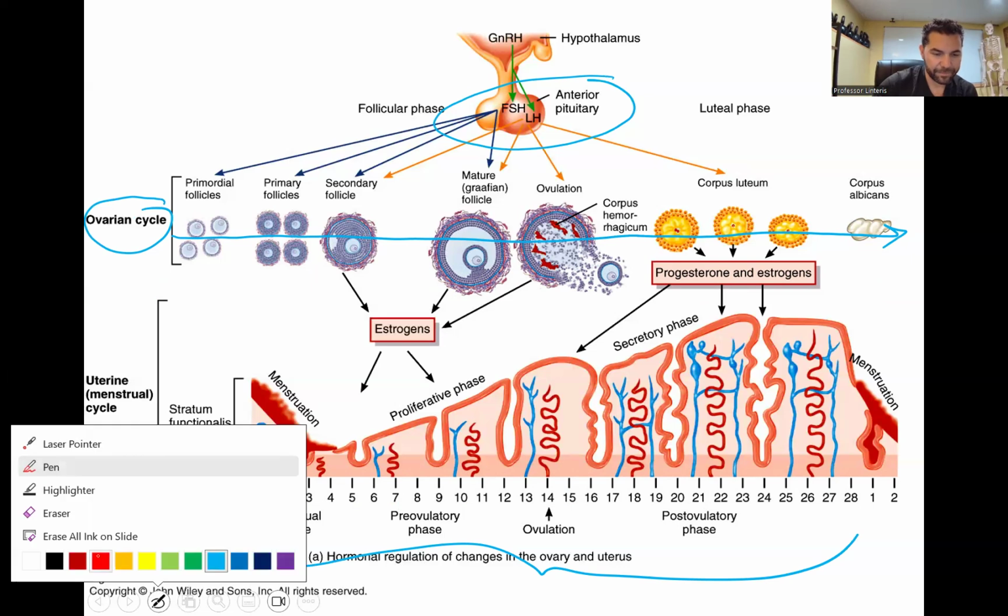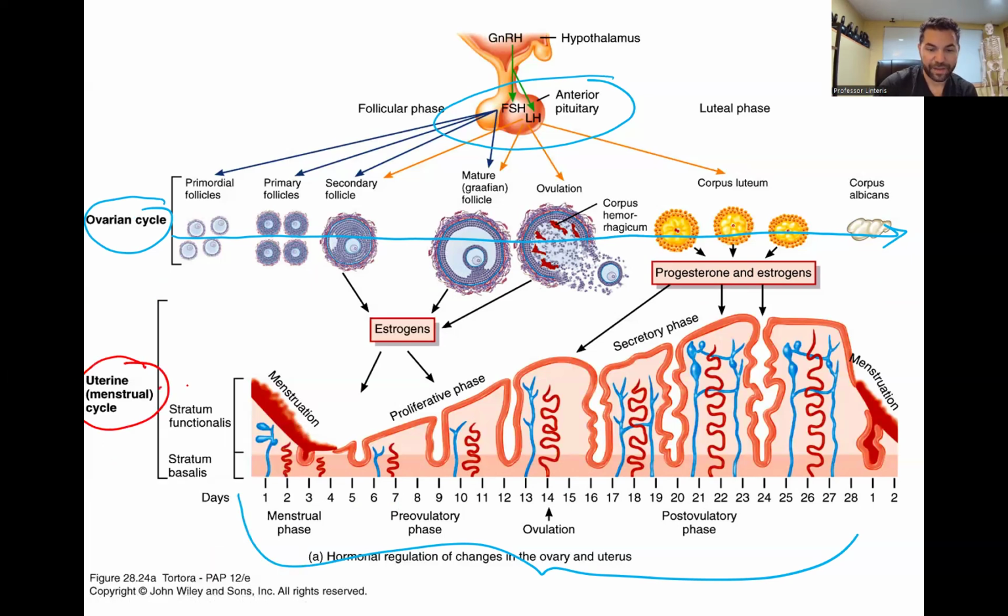Down here, it's showing you the uterine phase, aka what happens to the endometrium, right? So that endometrium will thicken through that follicular phase, right? That we call the proliferative phase. It will thicken. It's preparing for pregnancy, basically. You can see it goes from here to here to here.